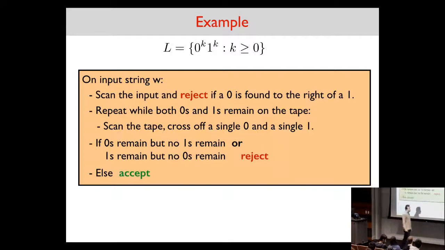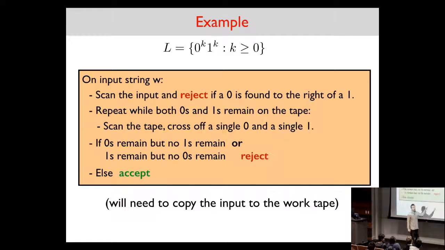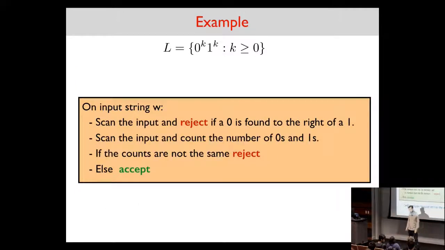The thing is, this was for a one-tape Turing machine. And when we are measuring space complexity, this is not the model we use, but you could easily adapt this to the two-tape machine. But if you want to do this, what you will have to do is first copy the input to your work tape, and then do the crossing off. Okay? And that will take order n space, right?